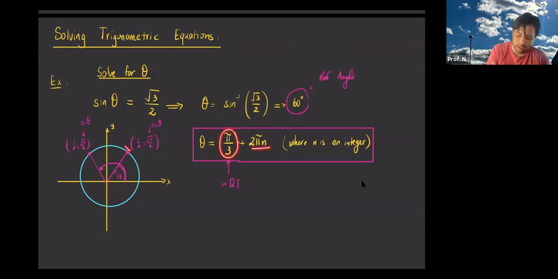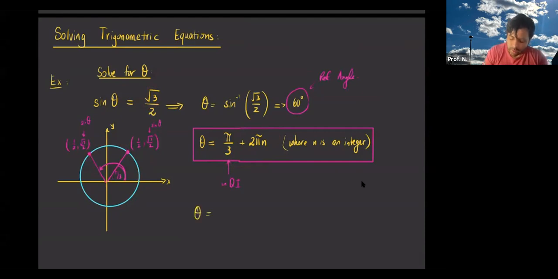I add 2 pi and I get back to the same point. So this represents all of the possibilities where the angle is in the first quadrant. But the angle in the first quadrant is not the only angle that would give me a positive rad 3 over 2. I also have angles in the second quadrant. So this is where we have an additional answer.